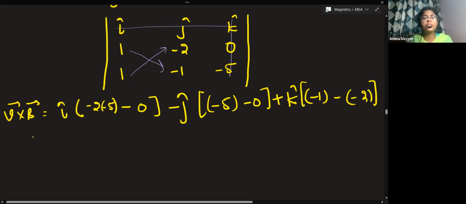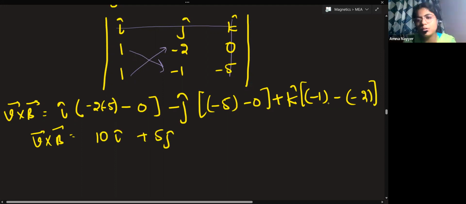We have the whole V cross B right now. Minus 2 into minus 5 gives 10 I cap, minus 0, nothing. Minus 5 into minus j cap gives plus 5 j cap. And here we have minus 1 plus 2, so 2 minus 1, that is 1. That is plus k cap.